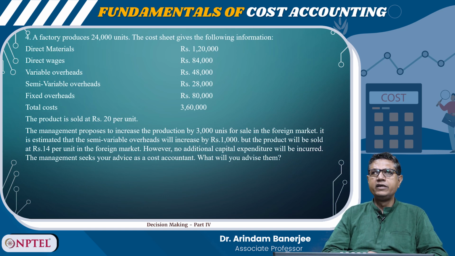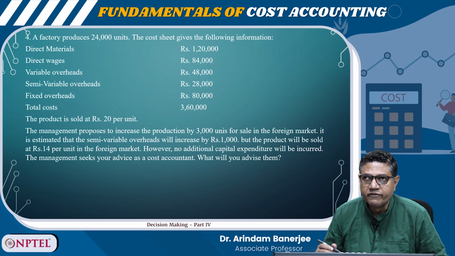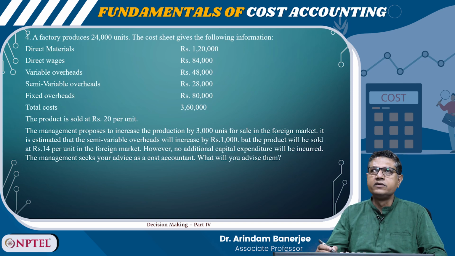Now, today we will discuss a few more problems and see their solutions, and I would request you to practice along with me. Now, first one for today: the factory produces 24,000 units.